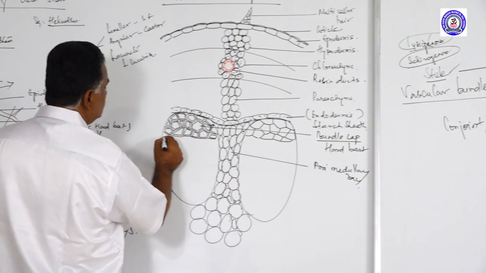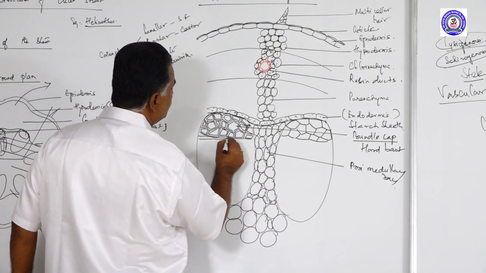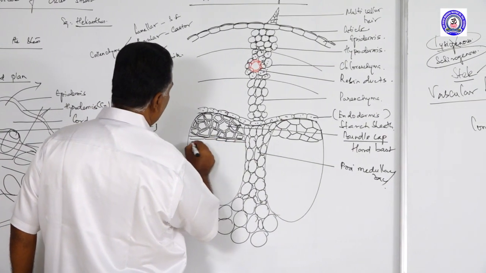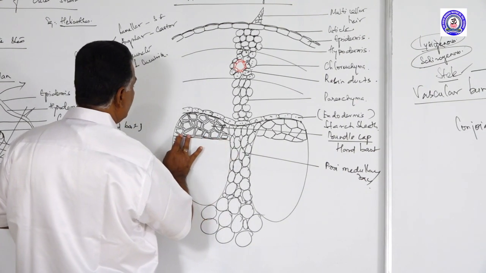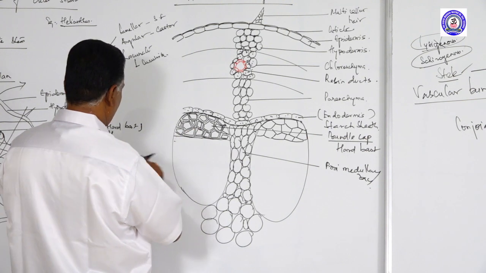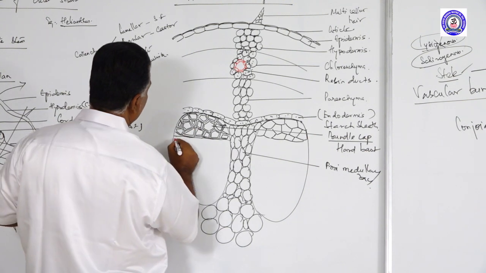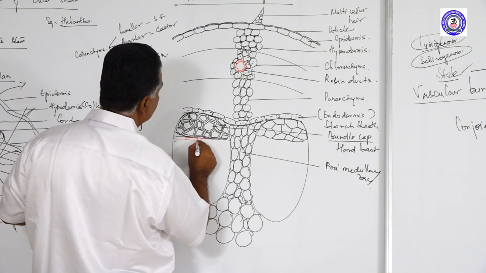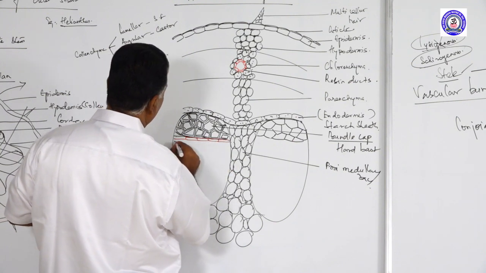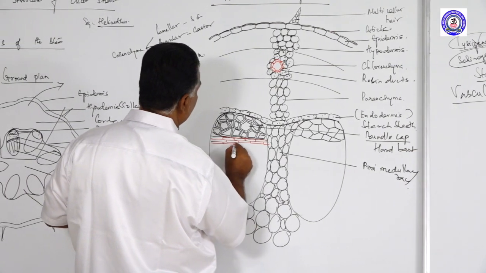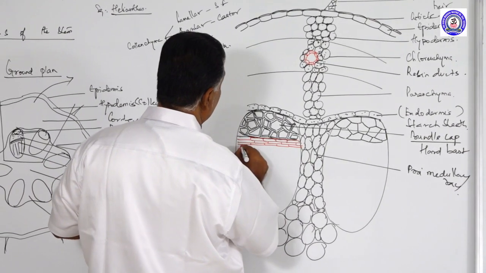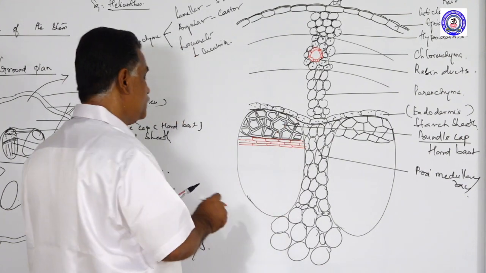See here, next to the sclerenchyma strips, there is cambium. What do you call this cambium? This is intrafascicular cambium. It is made up of brick-shaped cells.